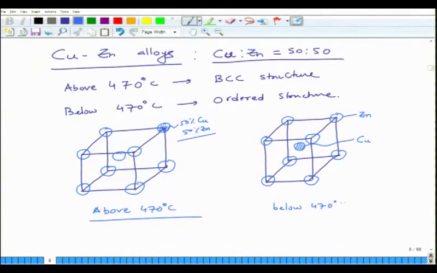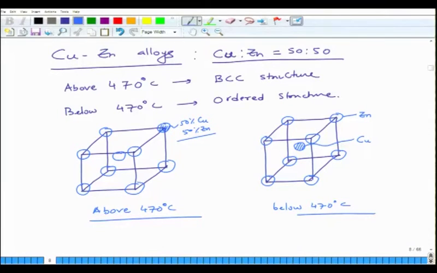And why this happens is that if you look at this case where there is a random distribution of copper and zinc, there is no preference for copper-copper bonds or copper-zinc bonds or zinc-zinc bonds. Everybody is happy with everybody. Copper is okay if its neighbor is copper. Copper is also happy if its neighbor is zinc. Zinc is also okay with copper being a neighbor or zinc being a neighbor.